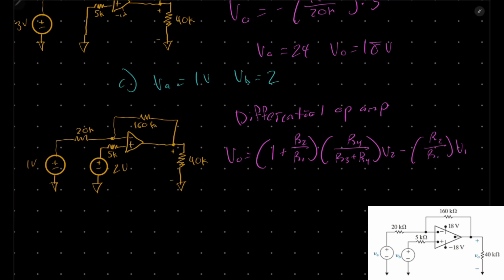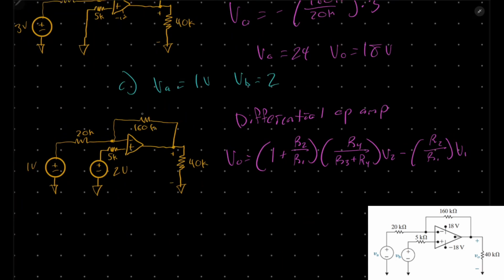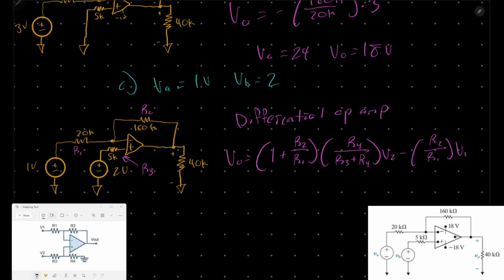This is quite long, so first I'm going to label the resistors that we will be using. So this is going to be R2, this will be R1, and this right here will be R3. So on screen, I have brought a completely simplified differential op-amp circuit.